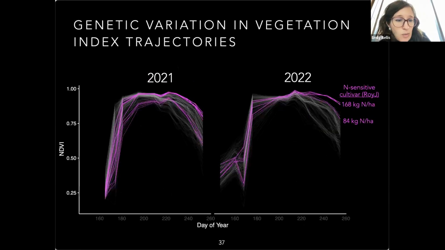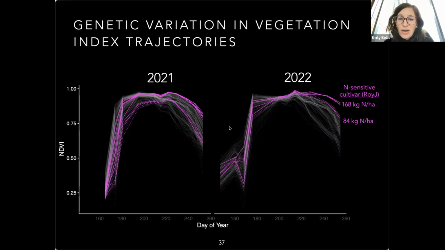And then here is what vegetation indices look like for the nitrogen sensitive cultivar. This is day of year on the x-axis, and just one spectral index on the y, NDVI. And then we've got some replicate plots. The dashed line is low nitrogen for Roy J in pink, and the solid line is high nitrogen.